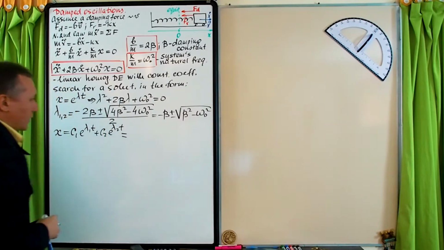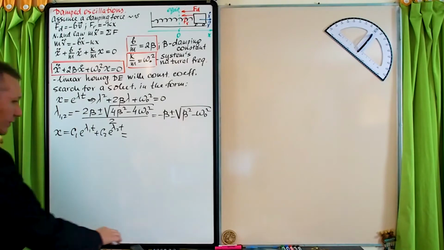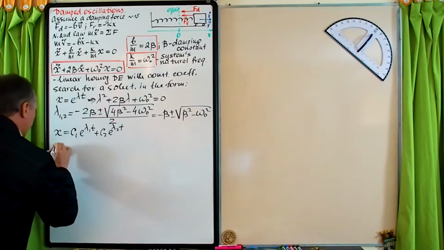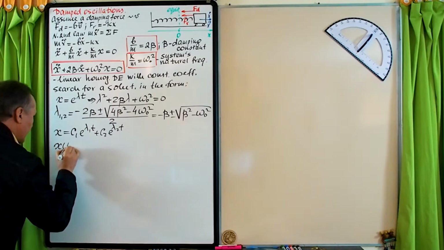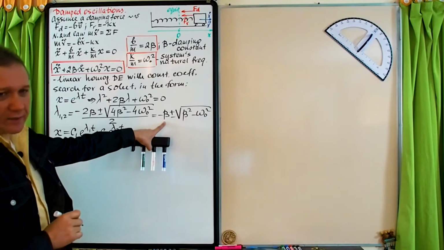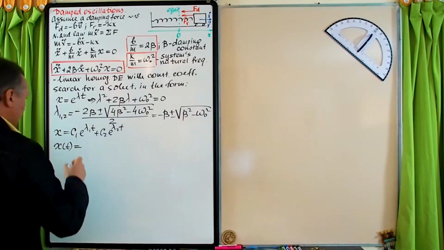And of course, now we can write explicitly. x as a function of time will be equal to e to the power of minus beta t, which I will factor out immediately.